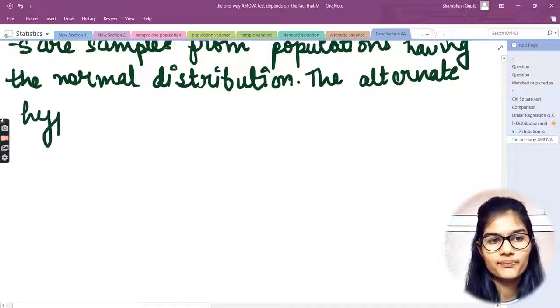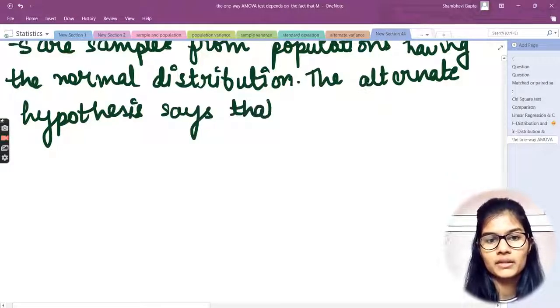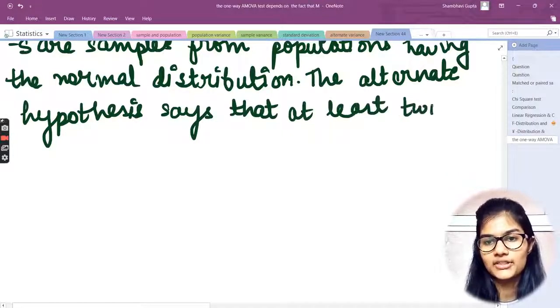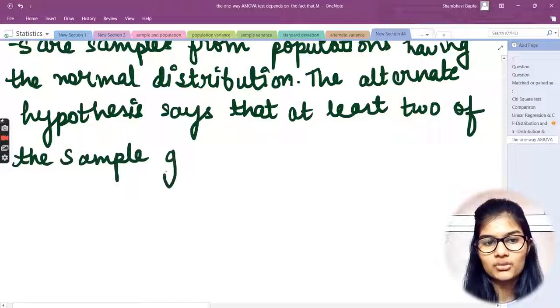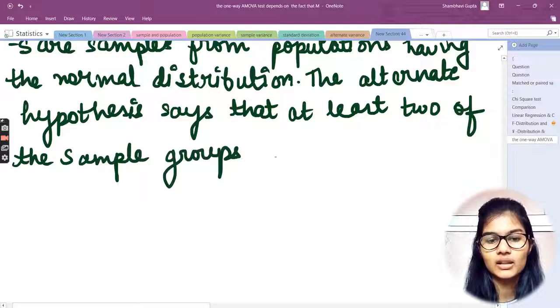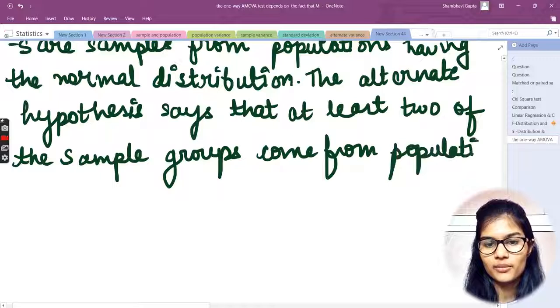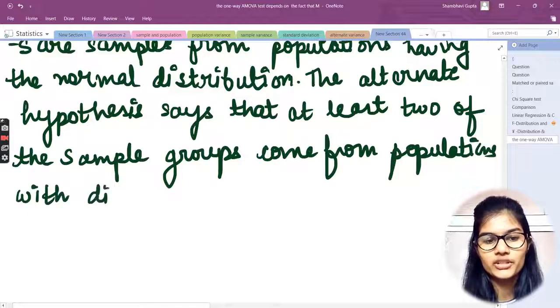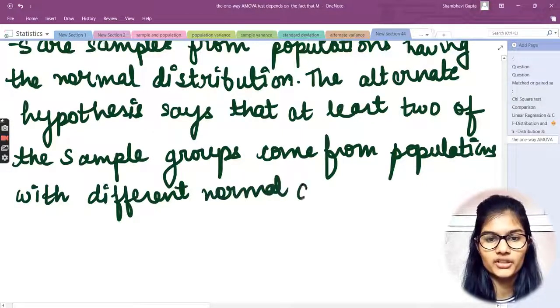The alternate hypothesis says that at least two of the sample groups come from populations with different normal distributions.